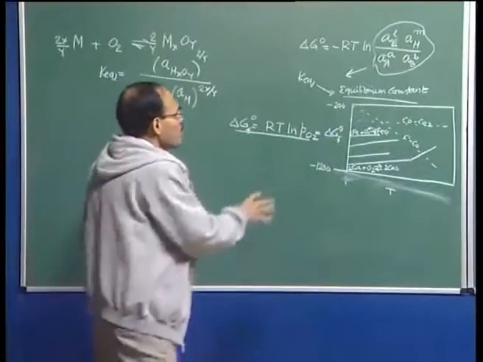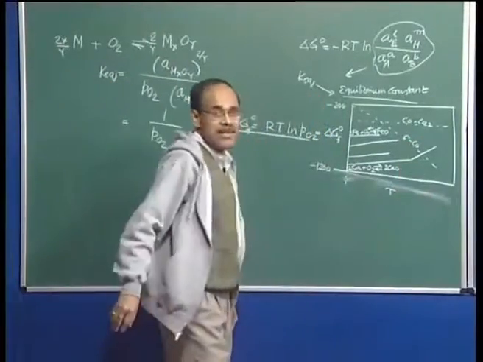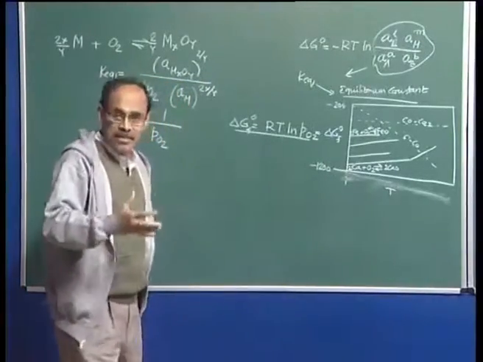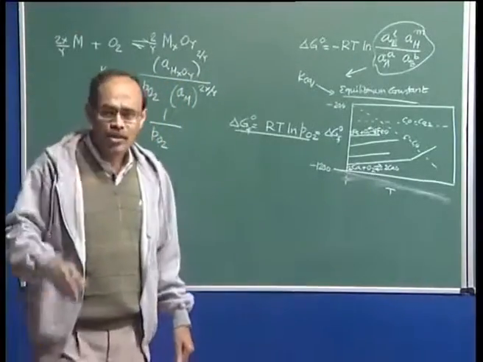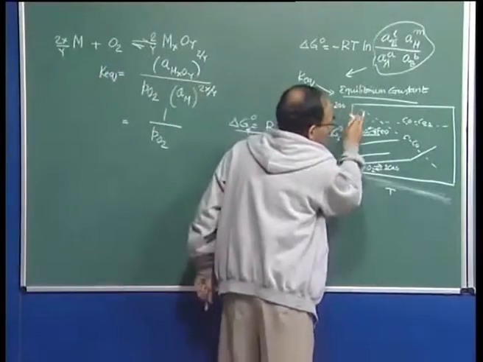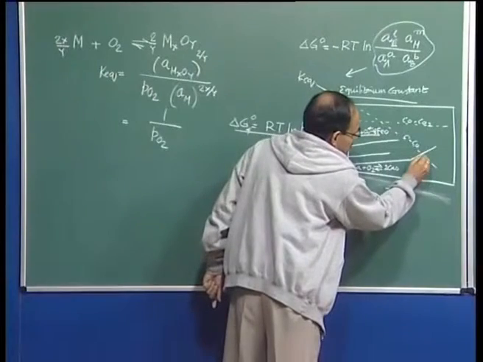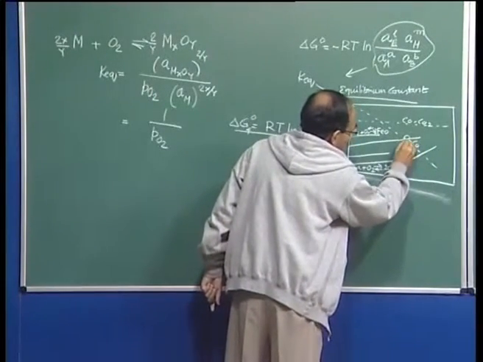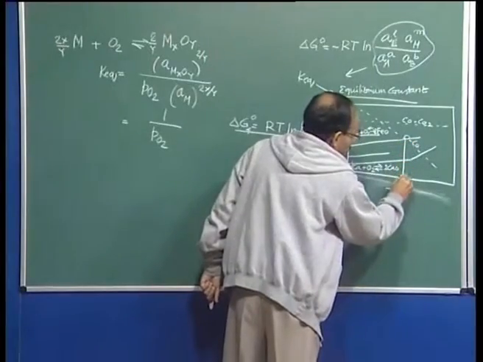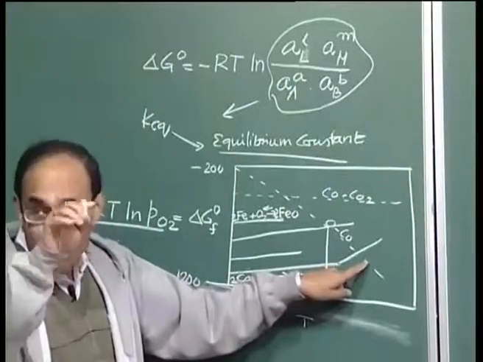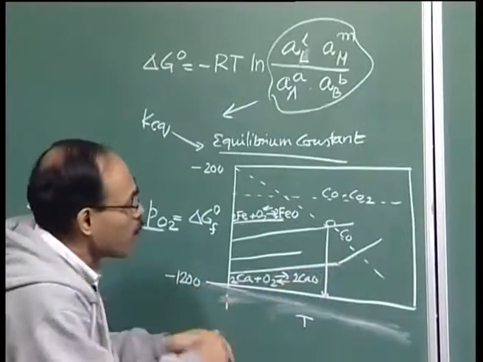So we have similar figures which are tabulated, and these figures give us important guidelines as far as pyrometallurgical processes are concerned. For example, at this particular point, when the carbon monoxide line intersects this particular line, it tells us that below this line, the dotted carbon monoxide line occupies a lower position.